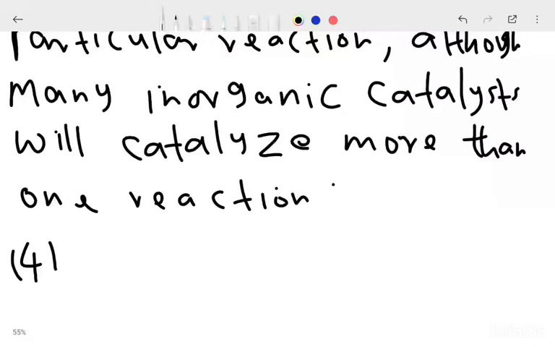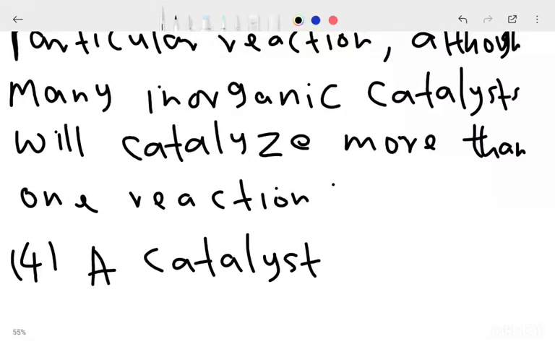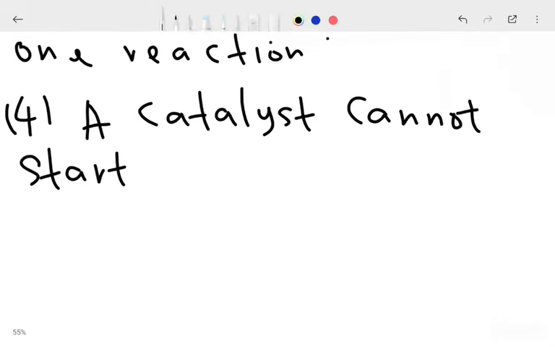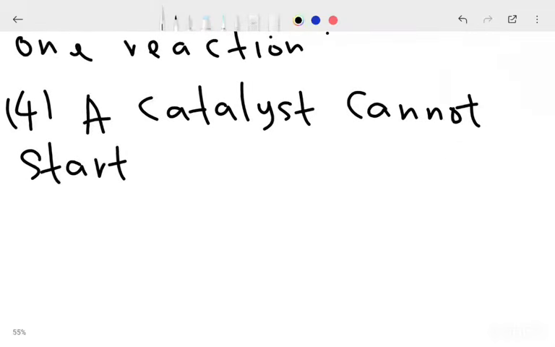Then number four, a catalyst cannot start a reaction.